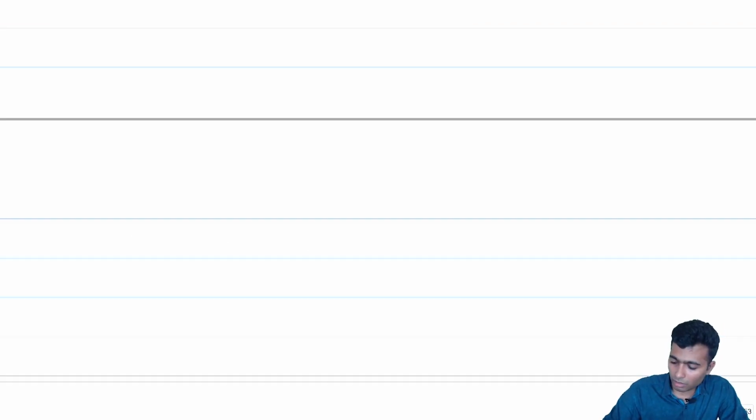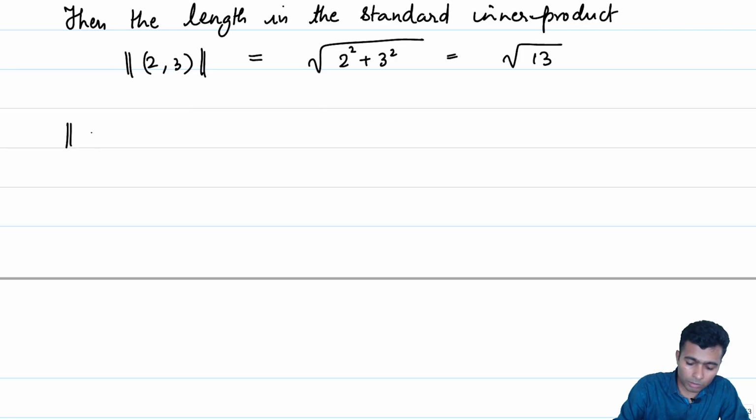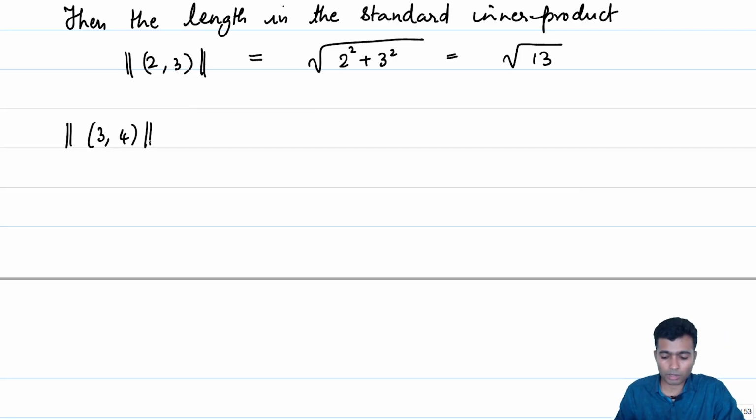And how about the norm of the Pythagorean triplet (3, 4)? You can check that this is just the square root of 25, which is 5.